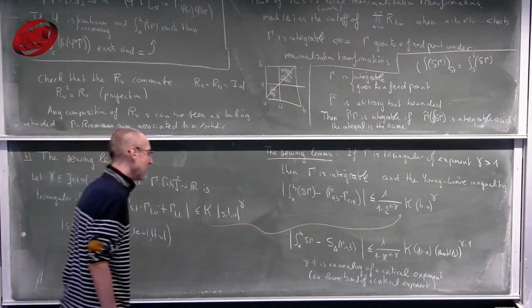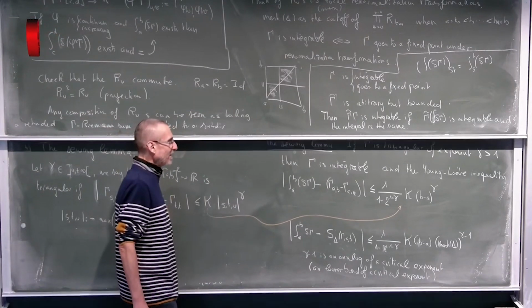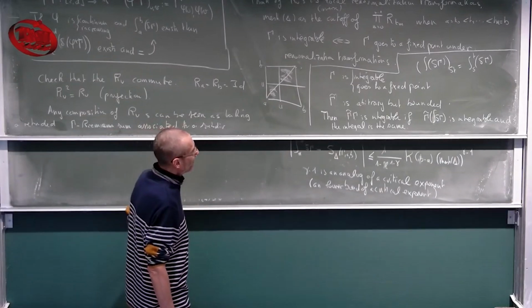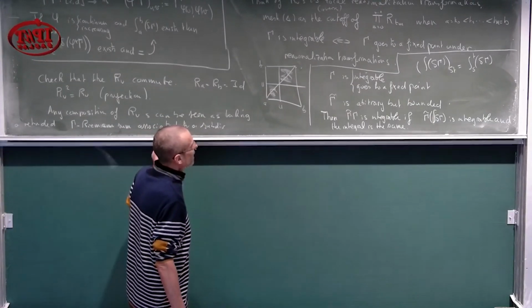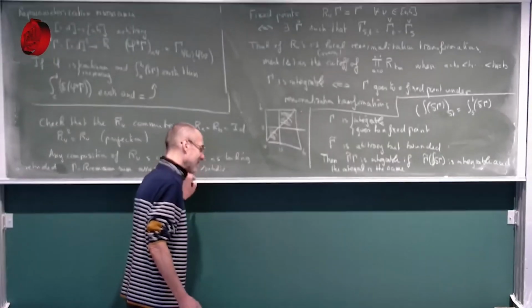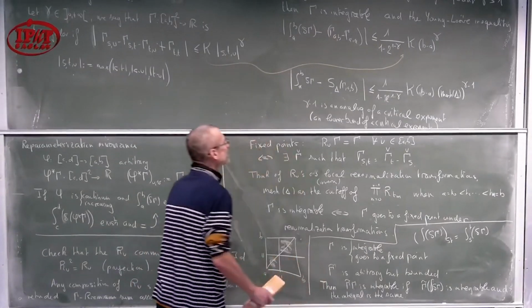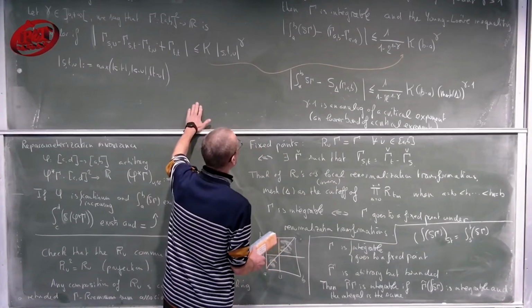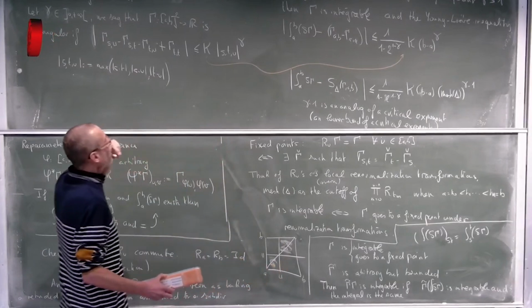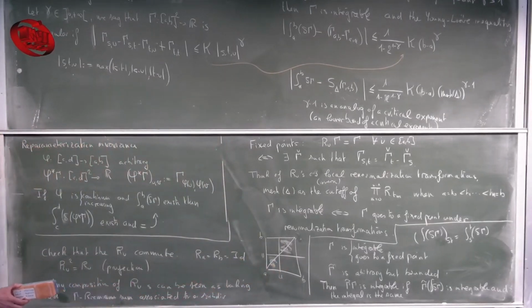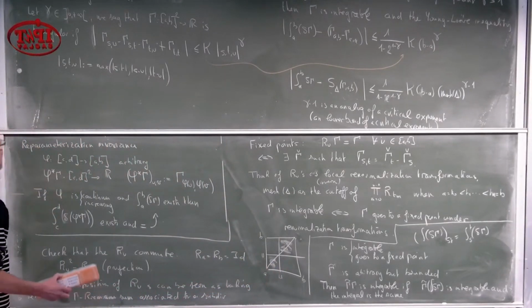Okay, so I will just give an immediate application to this little result. The proof is not very difficult, but it takes a number of steps and you have to organize yourself reasonably well.